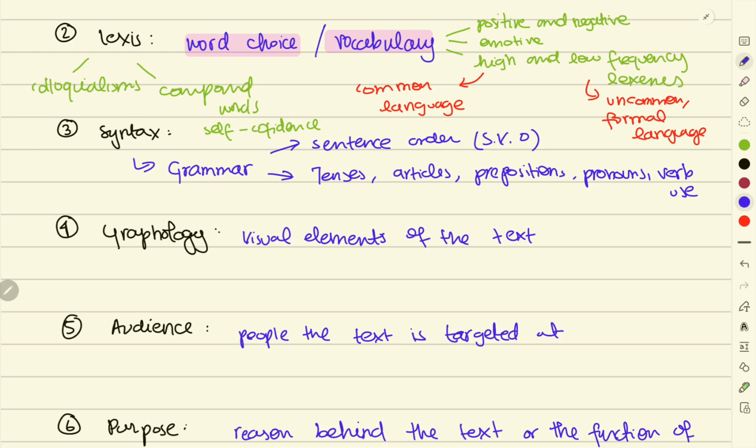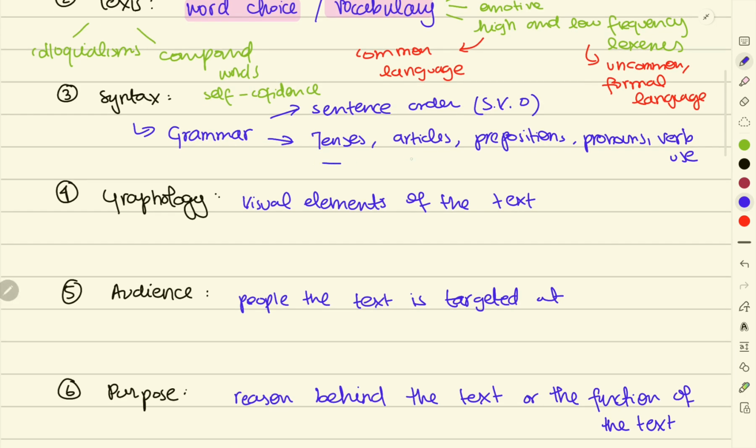So you can compare two texts and see if the author follows standard sentence order, or is it shifted? Is it more towards being non-standard? Then you can talk about tenses, articles, prepositions, pronouns, verb usage. You can talk about all of grammar, basically. All that you know of grammar, you can talk about it.